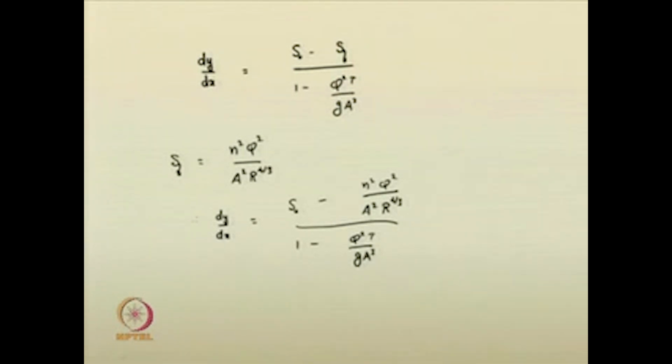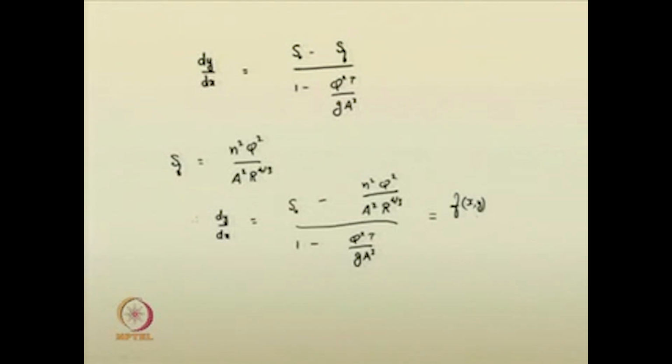You know that a, r, t, all these are functions of x and y for a non-prismatic channel. For a prismatic channel, they are functions of only y. So, if they are functions of x and y, this slope dy by dx is surely a function of x and y.